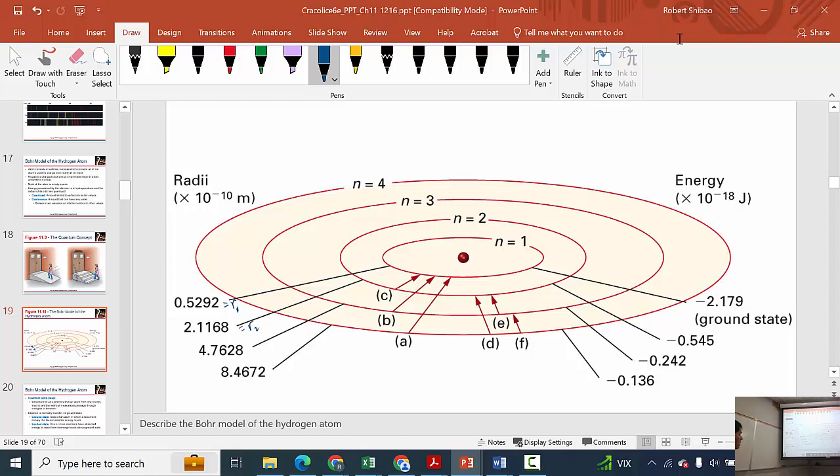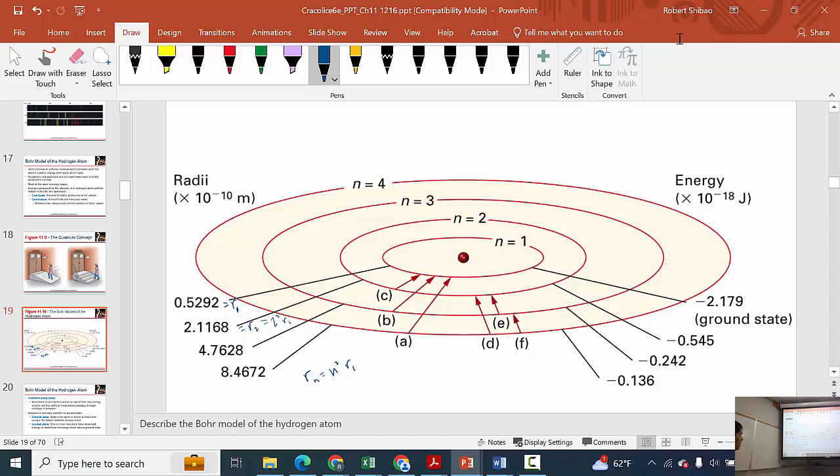And so it turns out that R sub n is just equal to n squared times R1. The mathematical pattern is kind of interesting because here n equals 1, so 1 squared is 1, that's just R1. This one is R2. R2 is equal to 2 squared times R1, which would be 4 times R1.